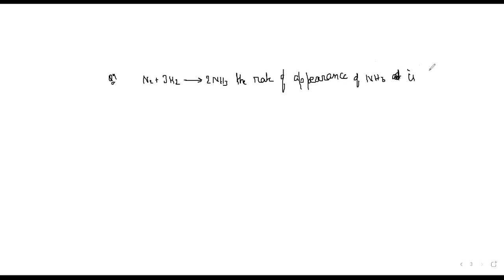The rate of appearance of NH3 is 2.5 into 10 to the power minus 4 mole liter inverse second inverse.